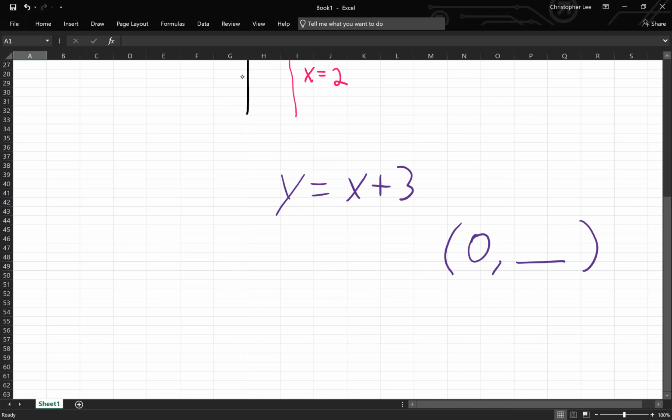Your x-intercept crosses the x-axis when y equals 0. That makes sense, right? So long story short, plug it into the formula and that's it. For the y-intercept, if I plug in 0 for x right here.